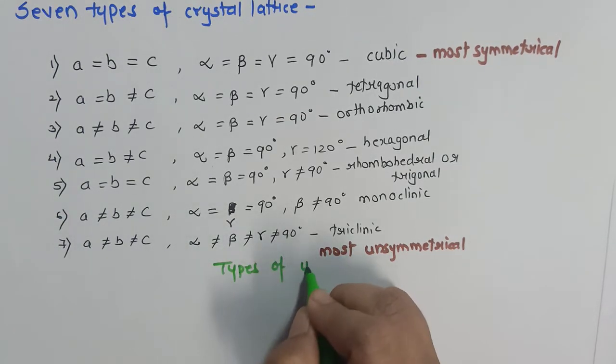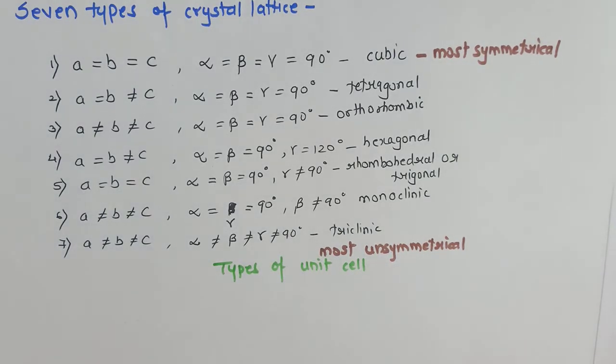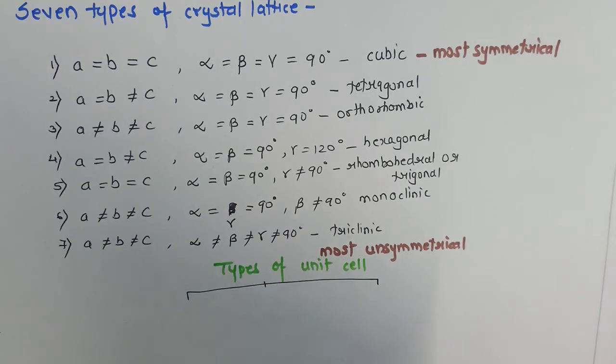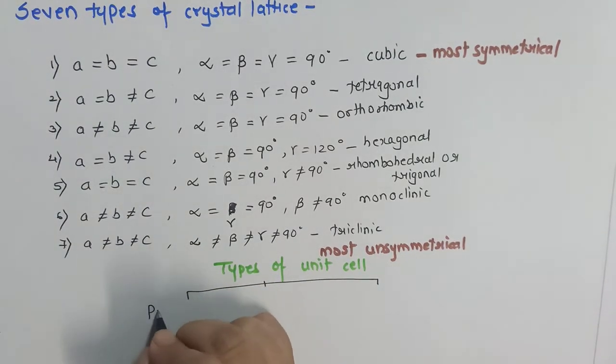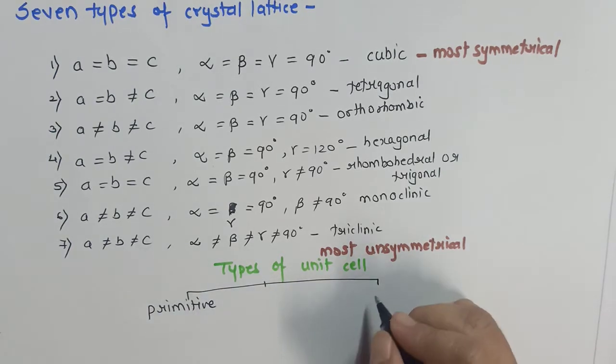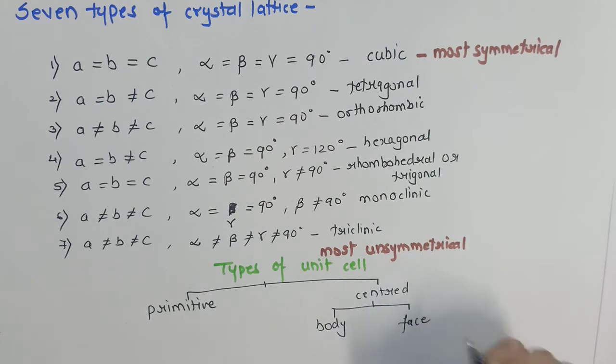The types of unit cell. The unit cell can be of two types: primitive unit cell and centered unit cell. Centered unit cell again has two types, either body centered or face centered.